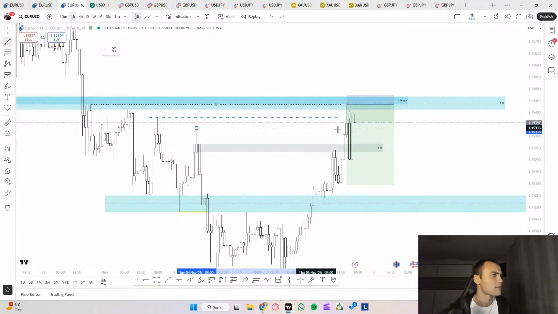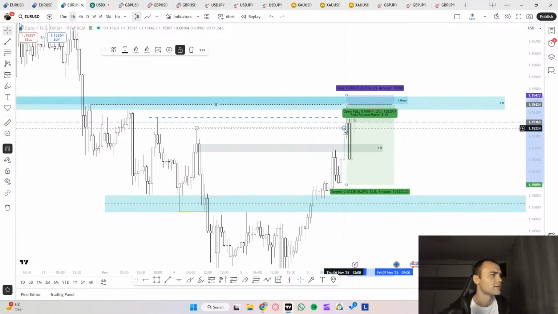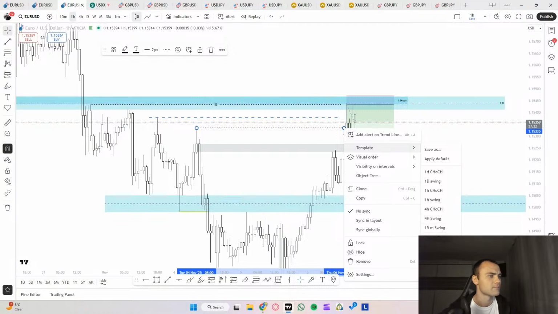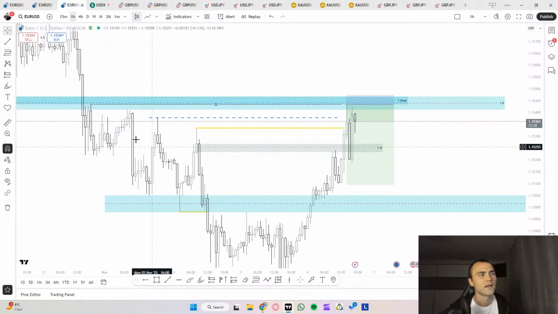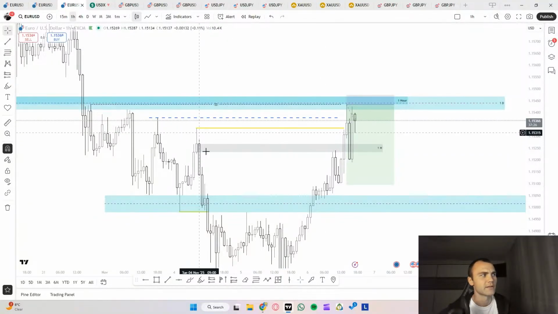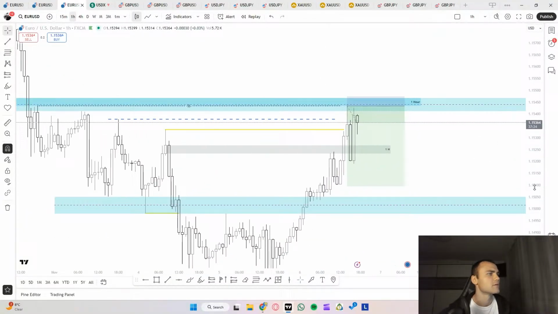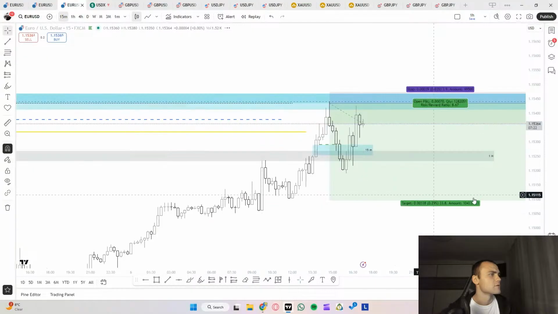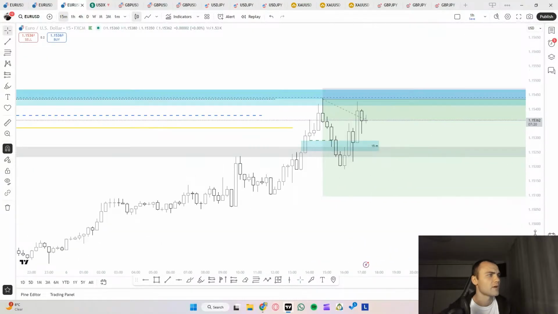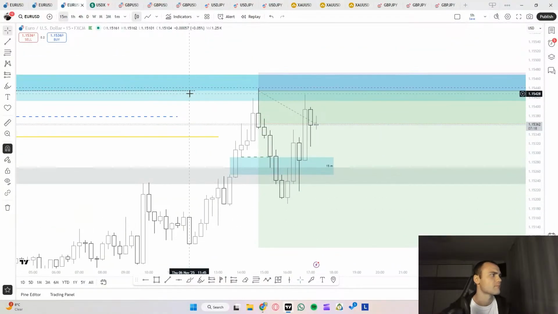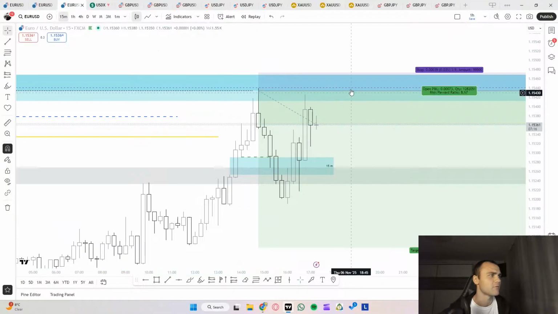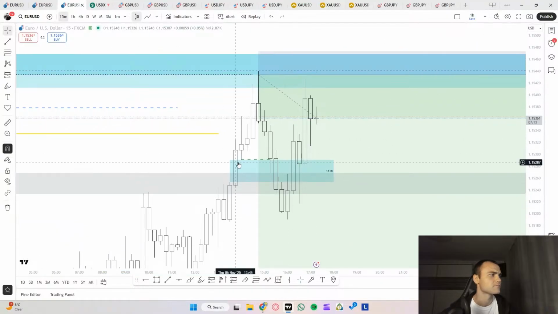Also, I had this here, just liquidity. This is basically the daily range, and so on and so forth. Well, here came the real analysis for the range.